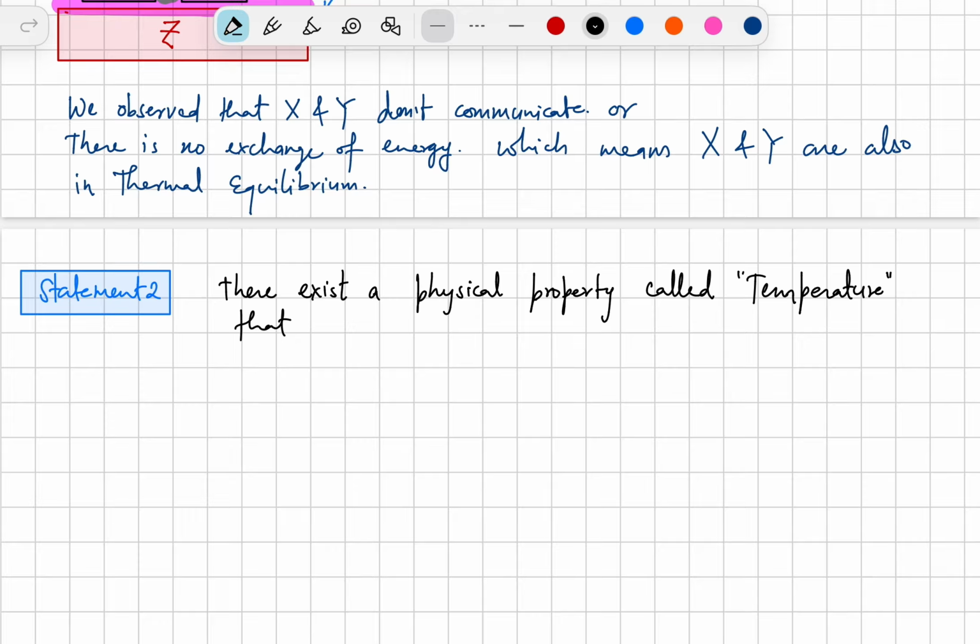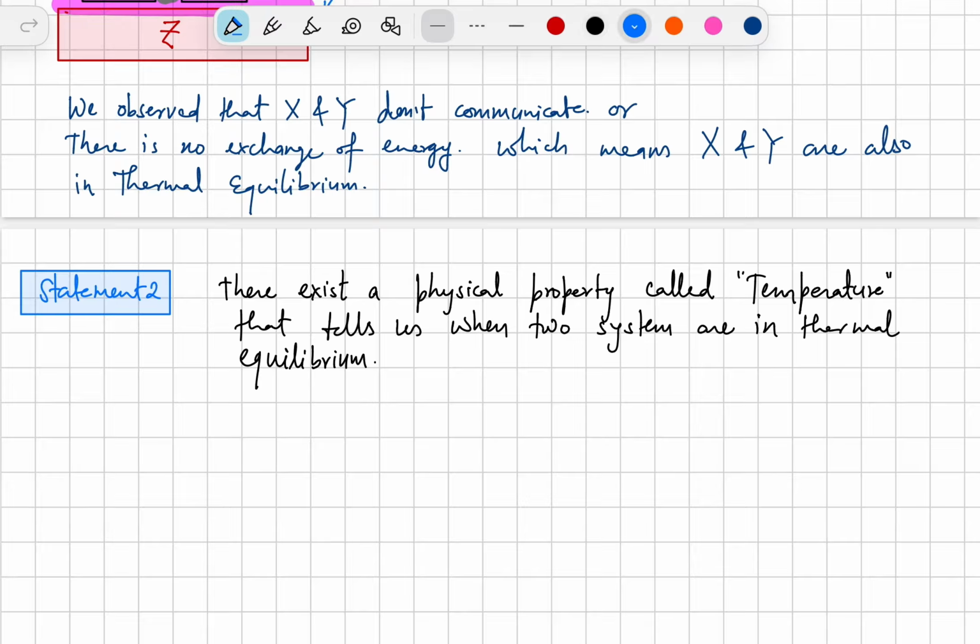that tells us when two systems are in thermal equilibrium. So you can say this is a kind of definition of temperature.